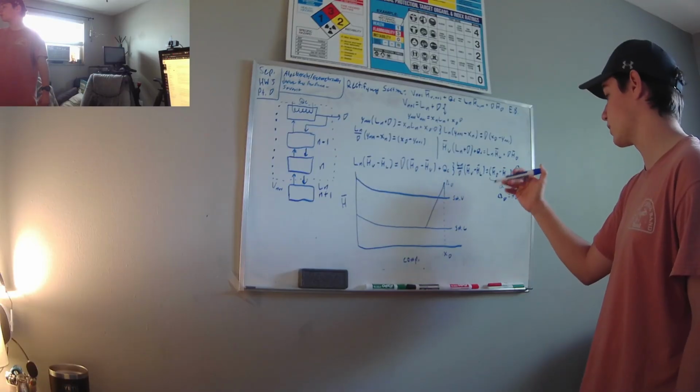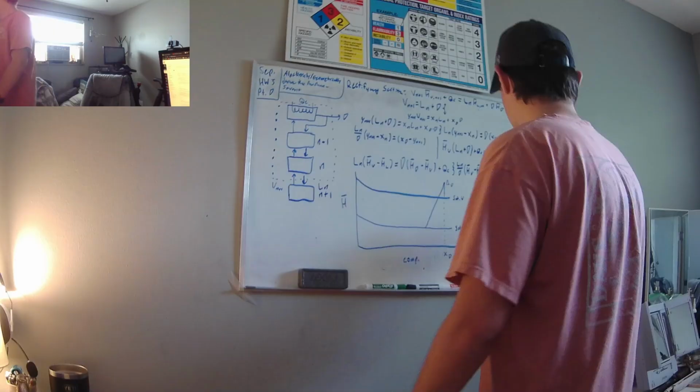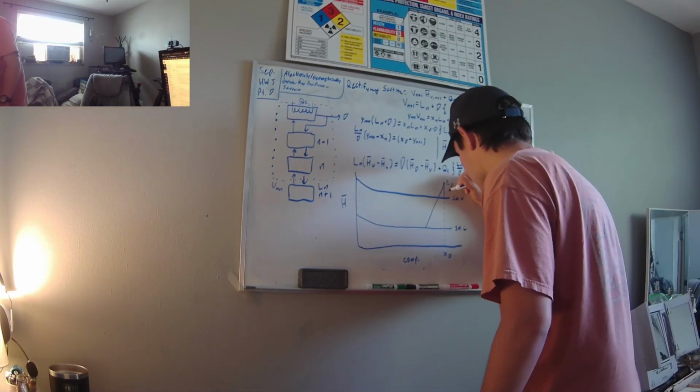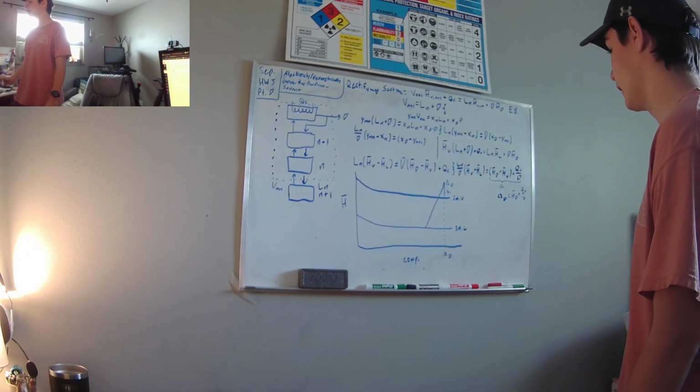We're subtracting our vapor enthalpy from our distillate enthalpy. So we're going to call this expression here A, and this A represents this line here, which we're also going to call A.